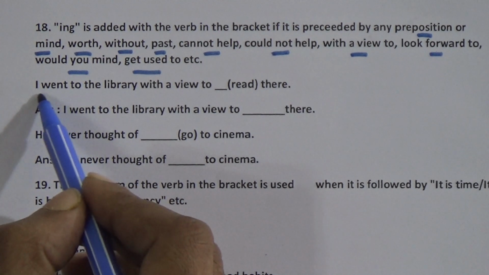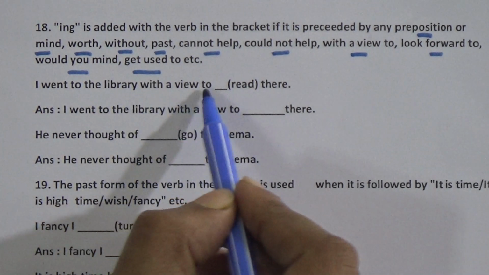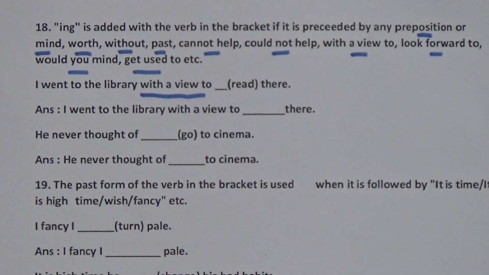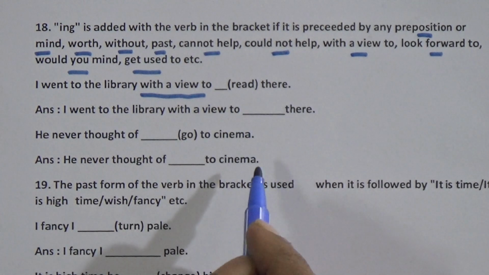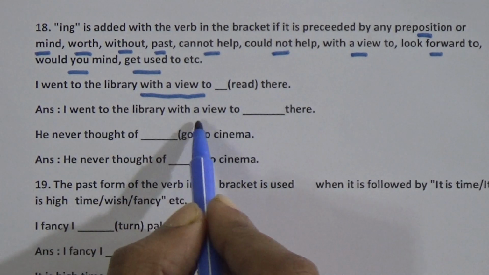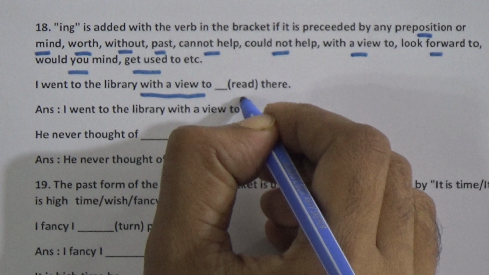For example, I went to the library with a view to dash read there. According to the rule, we will use the ing form of the verb in the bracket. I went to the library with a view to reading there.